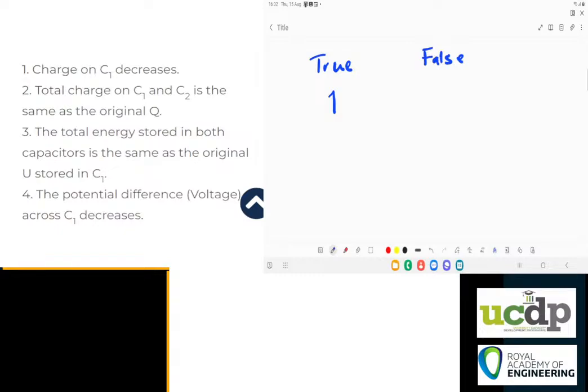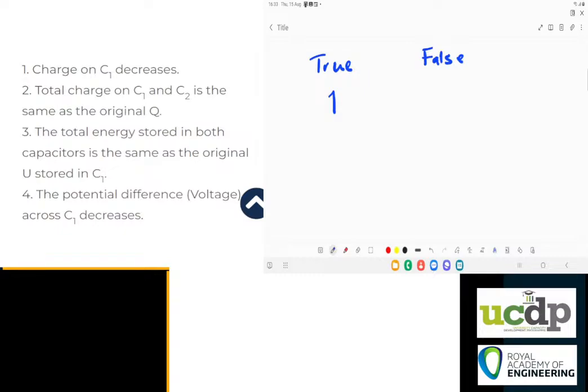Because now our capacitors are in parallel, so in a parallel connection the charge doesn't stay the same. It is voltage that will stay the same, and the charge will be divided.